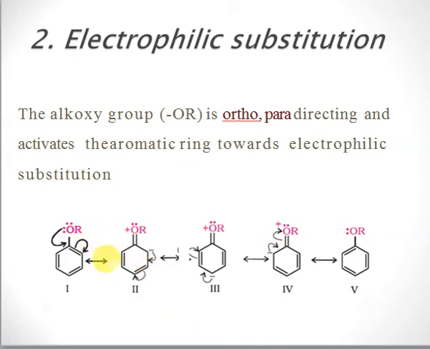Since the aromatic ring is electron rich, the electrophile easily attacks these carbons, and prefers to come at the ortho or para position. So this alkoxy group is ortho-para directing and activates the aromatic ring towards electrophilic substitution reaction.